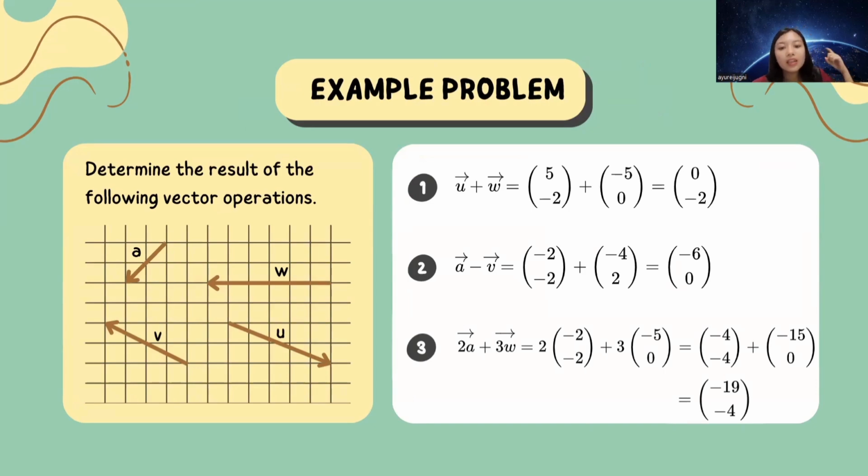First, identify the vectors. Second, apply the operation. Third, simplify the result. If anyone has a different answer, don't be afraid to share it. Mathematics is not only about the final answer, but also about the process.